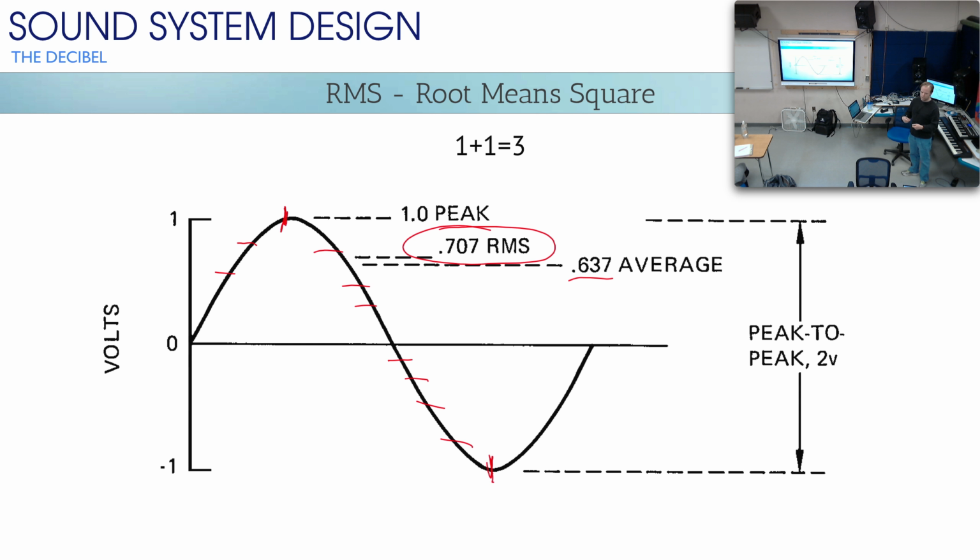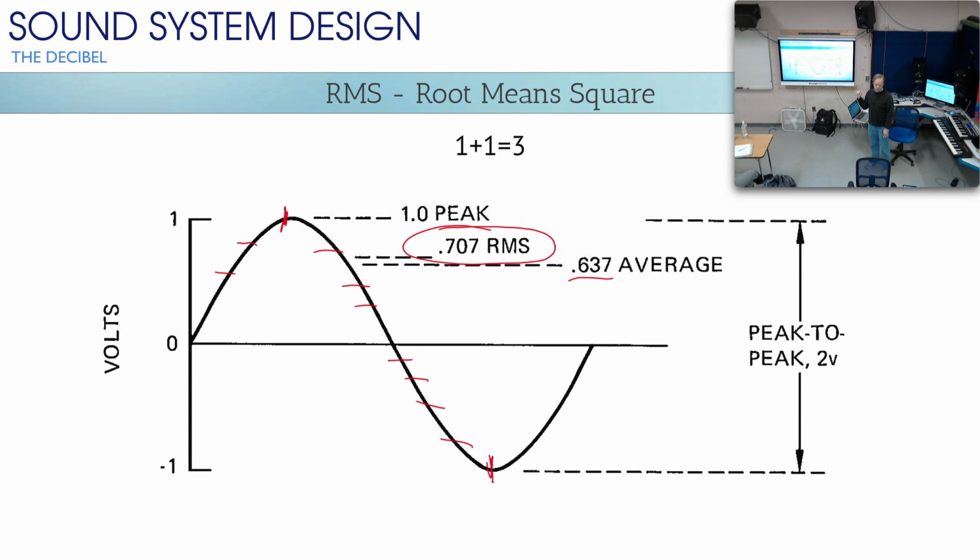And what you would measure on a meter would be the RMS level. Now, what does that mean? This issue of RMS will crop up all over the place. But the part of it that I want you to understand is that whatever level your sound is, whether you're looking at it in voltage or watts or pressure or whatever, you will hear and perceive the RMS level, not the peak level.